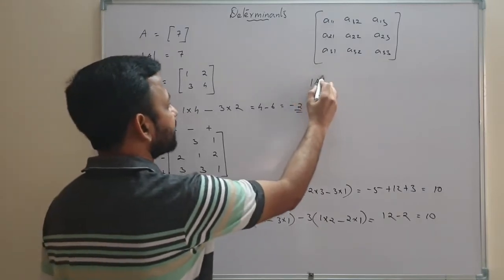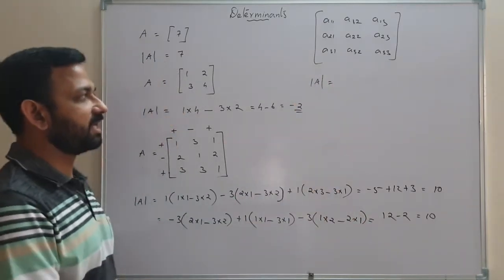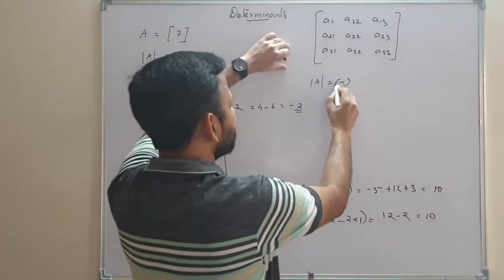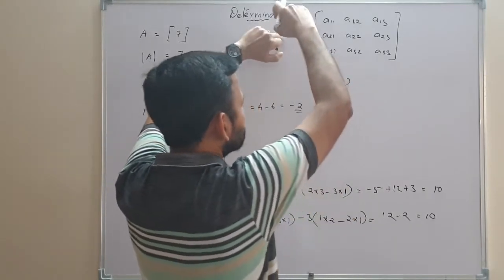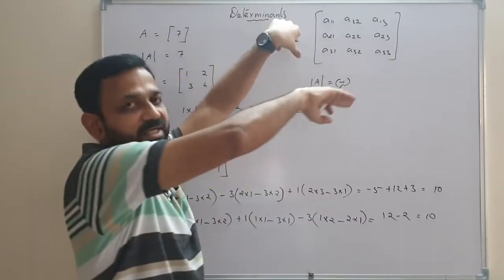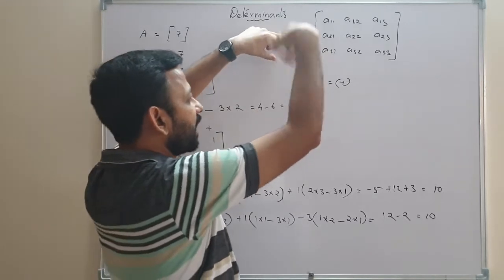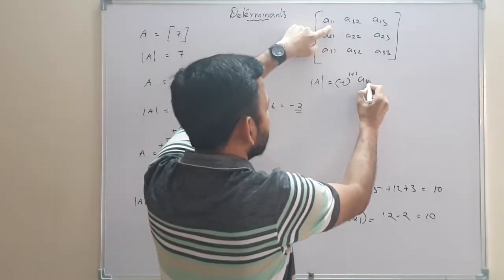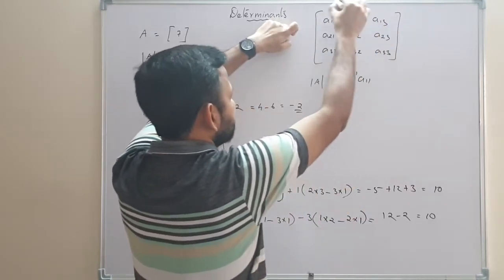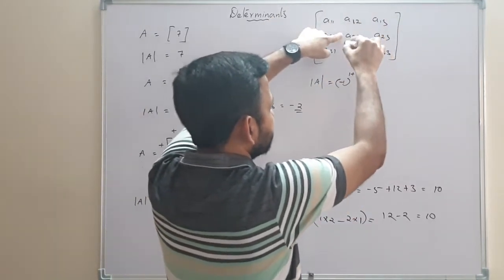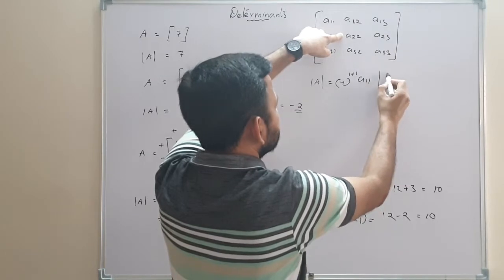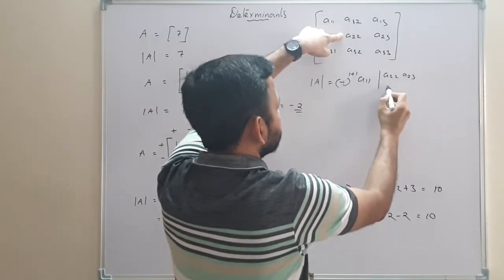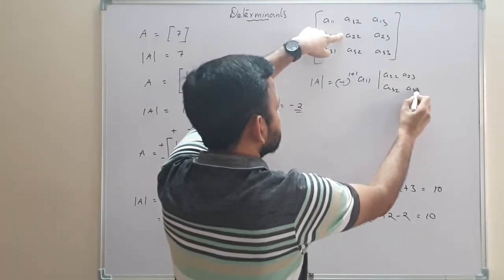Then when we find a determinant, it is defined like this: minus 1 raised to i plus j. When we use the first row, minus 1 raised to i plus j, that is 1 plus 1, into A11. Deleting, here also deleting, then find the determinant of this one, that is A22, A23, A32, A33.